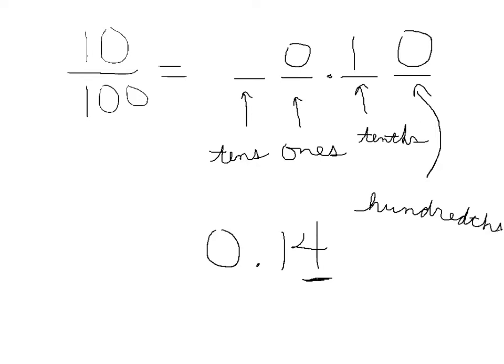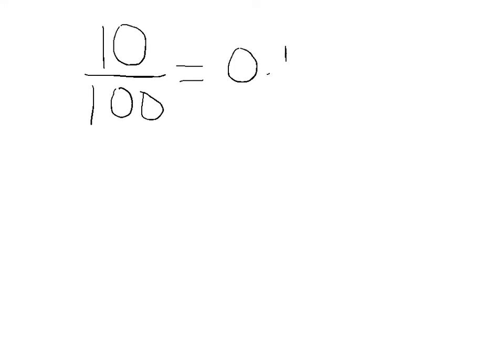Okay, with that out of the way, we need to now take a look at how to write a little bit more difficult numbers as decimals, fractions as decimals. So we do know that 10 hundredths would be written as 0.10. And remember that last digit, hundredths.